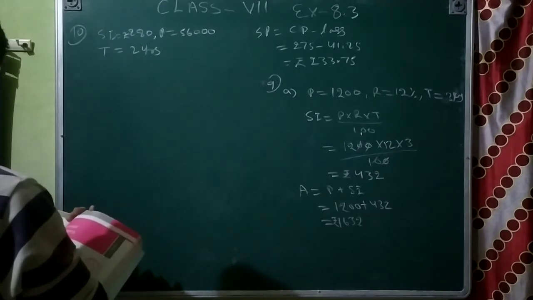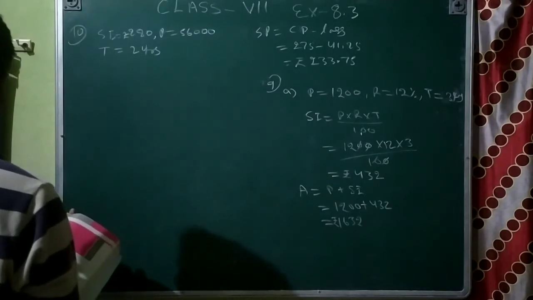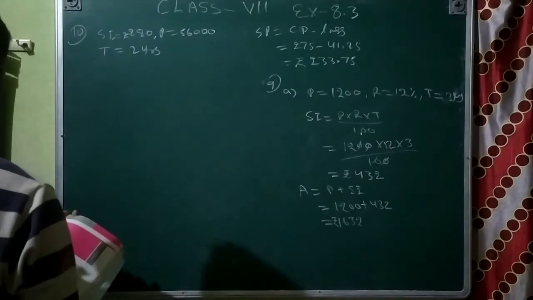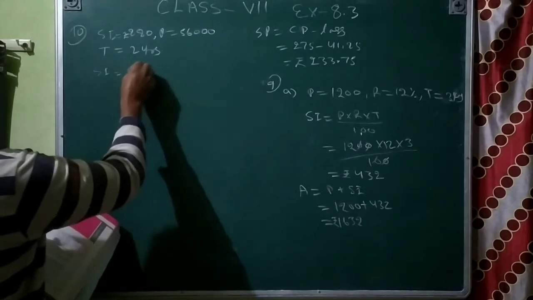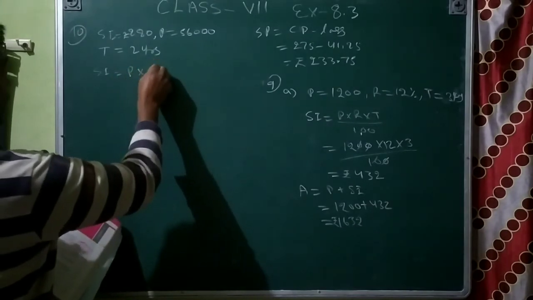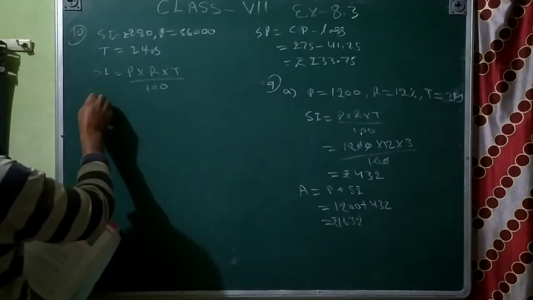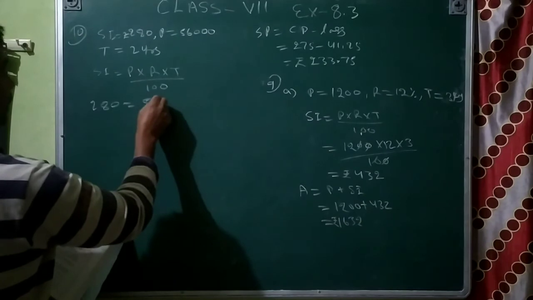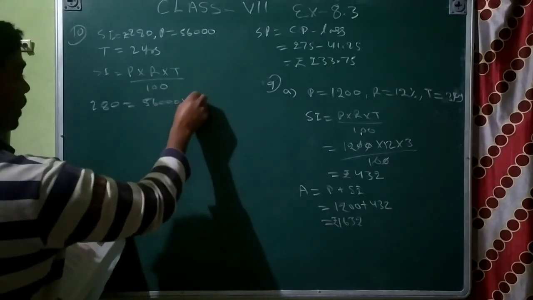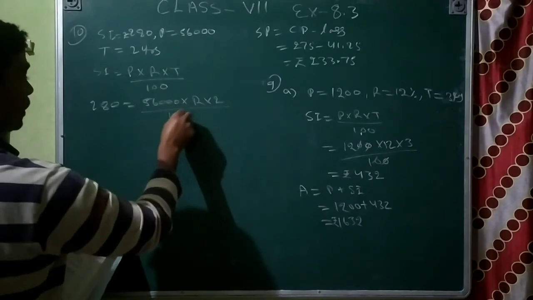And then formula SI is equal to P multiply R multiply T upon 100. So SI is equal to 280 is equal to P is 56,000 into R, we need to find that, and that is 2, upon 100.